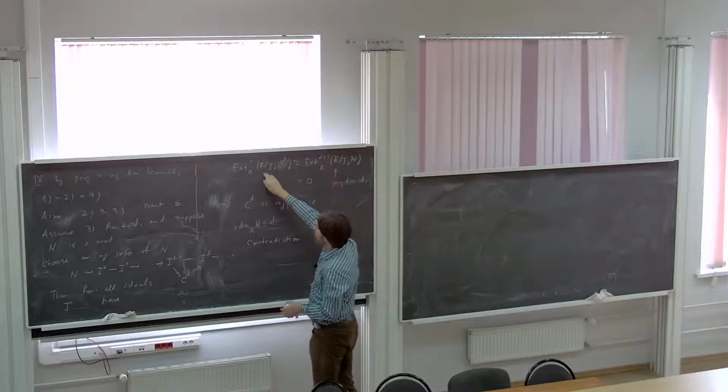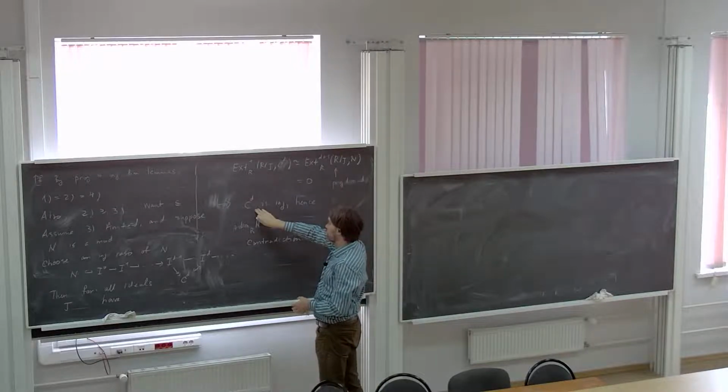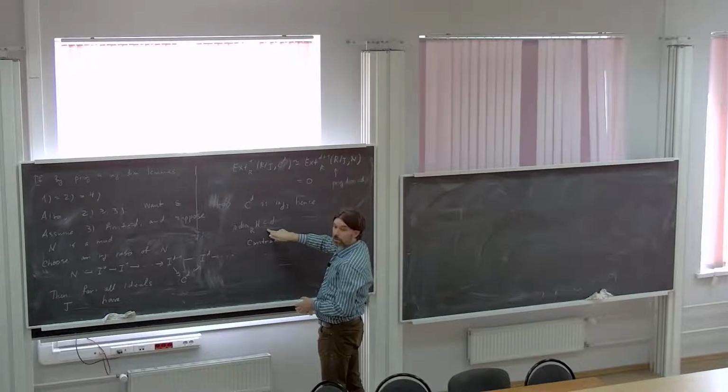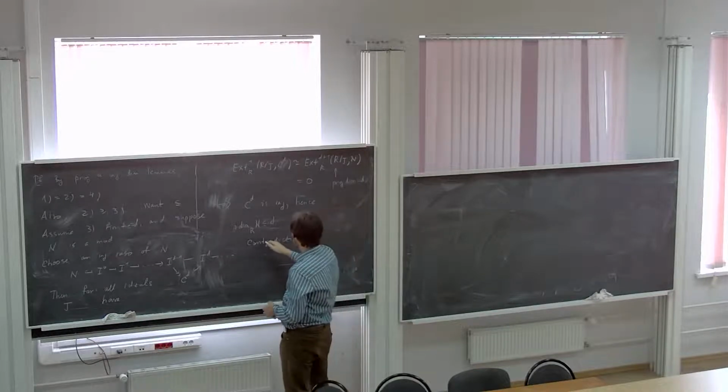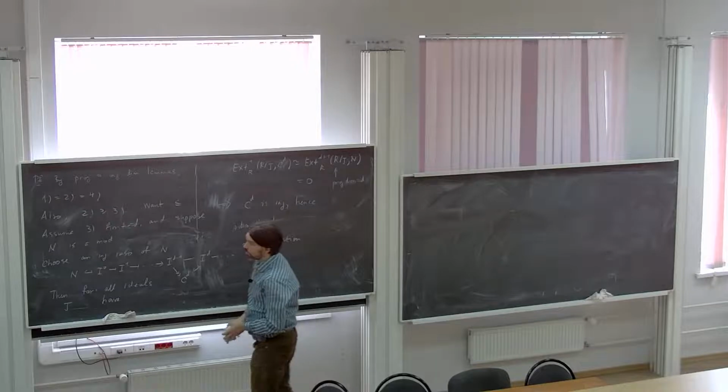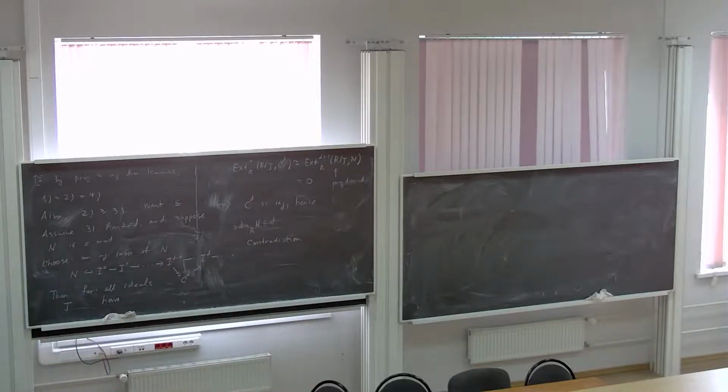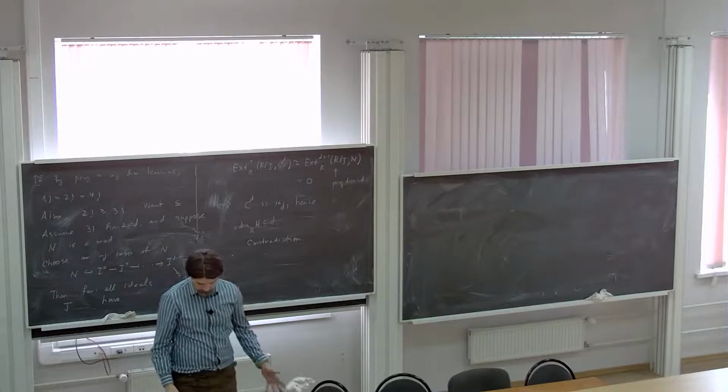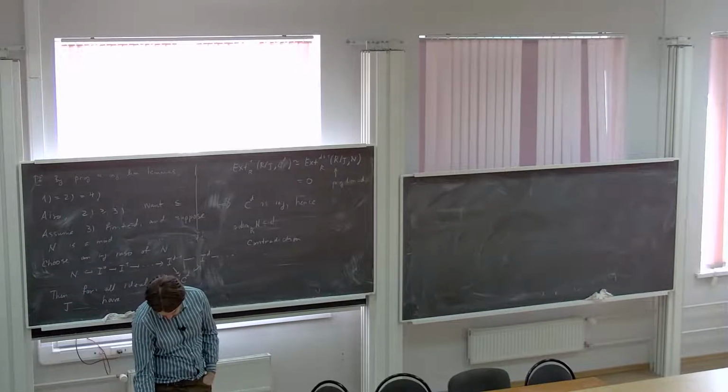And then, therefore, this x1 vanishes. Therefore, CD is injective. So there's a bound on the injective dimension. But this injective dimension is what appears in 1, which is equal to 2, so it's no bigger than 3. Okay, very good.